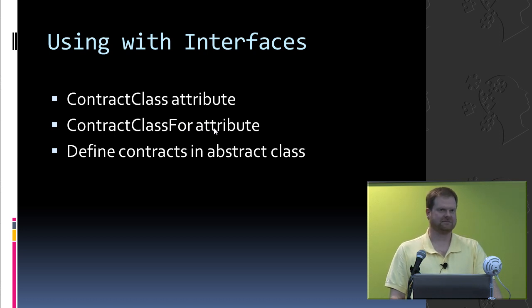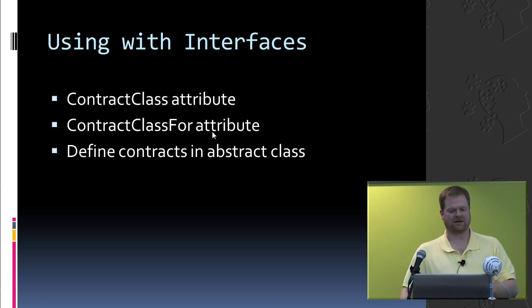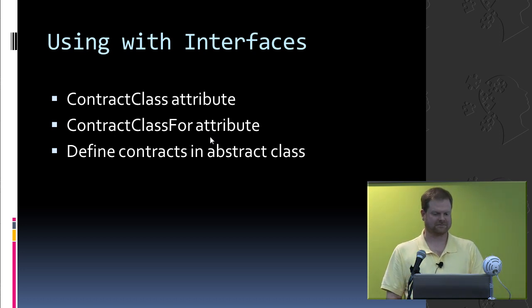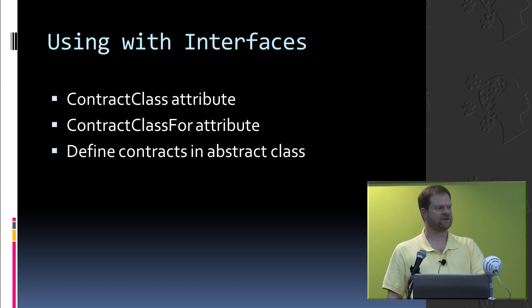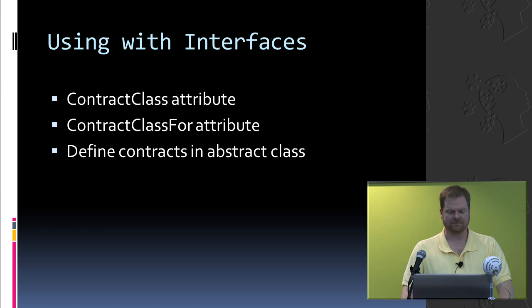I kind of look at it as a double handshake. That might not be the right way to put it, but on the interface it says, hey, I've got this class that's going to define my contracts for me. And then the class has an attribute that says, I'm the class for this interface. So we can make sure that things are getting matched up properly.